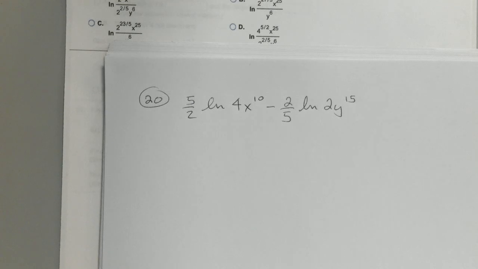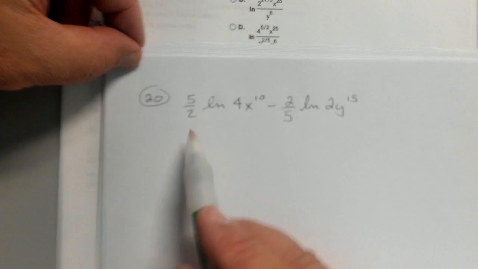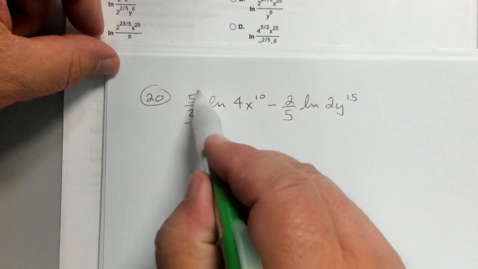So what do you do first? Bring down the exponents? No, we're trying to simplify. It wants it as a single term. So what happens to these coefficients?